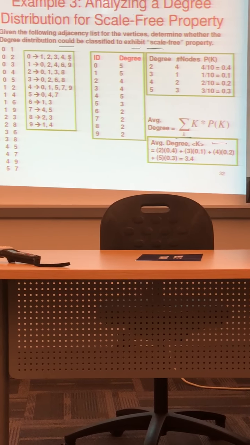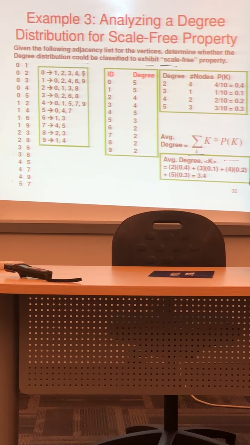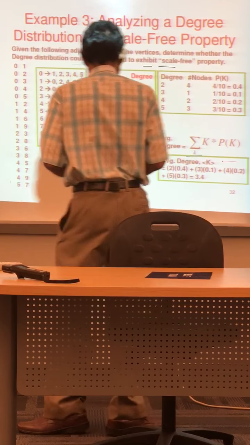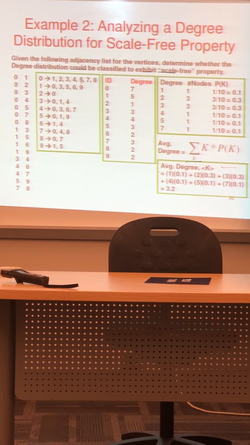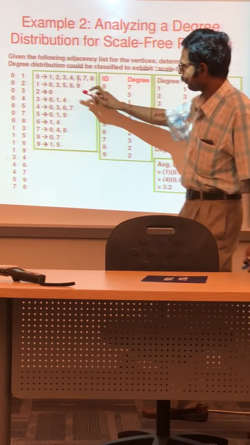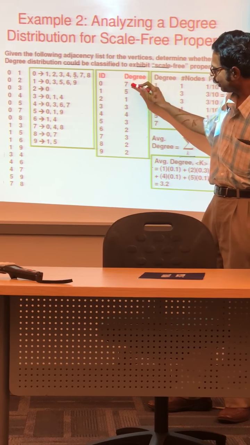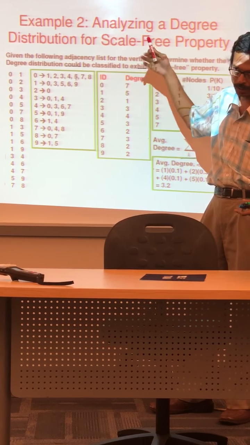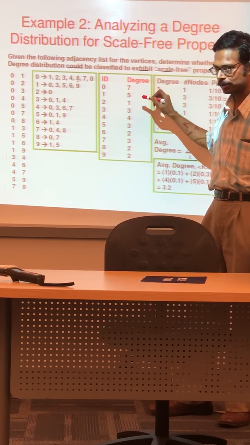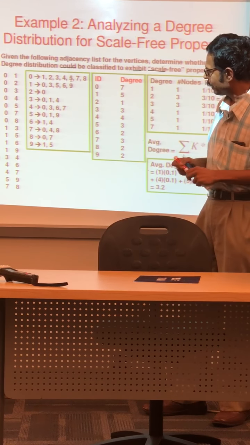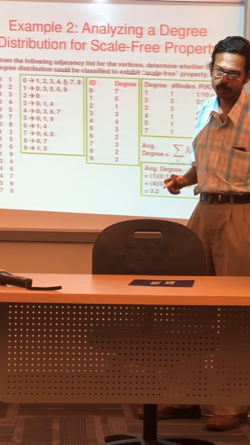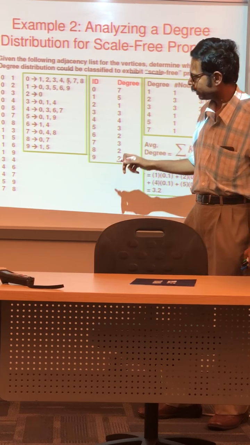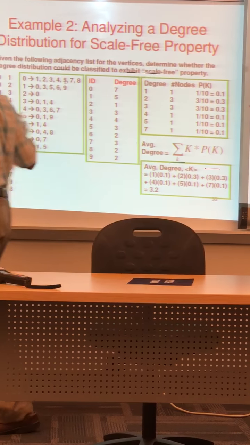If you do this example, we can get a feel of this. Before we do this, if you look at the degree values, node 0 is the only one that has degree 7, a very high degree. Then node 1 is reasonably high. The majority of them have degree 1, 2, and 3, so 2 and 3 are more common.